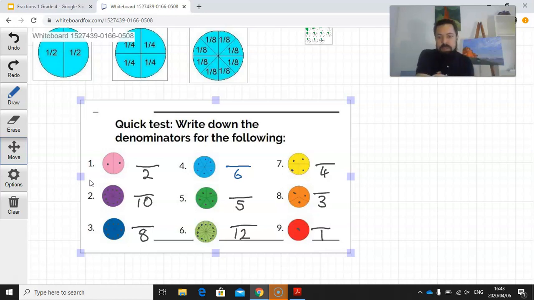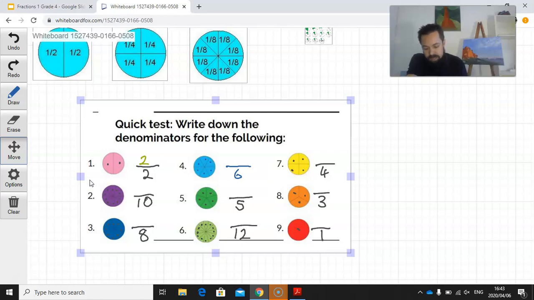All right, so having a quick look over these, we can see that all of the pieces are actually there and colored in. So in fact, if we were going to write a numerator for the first one, we would have to say, well, there are 2 pieces there. So 2 over 2 is the same as a whole.